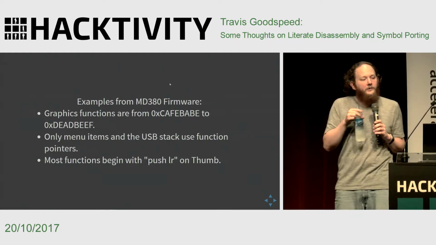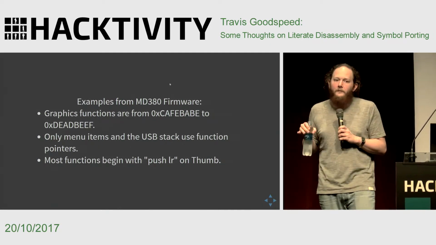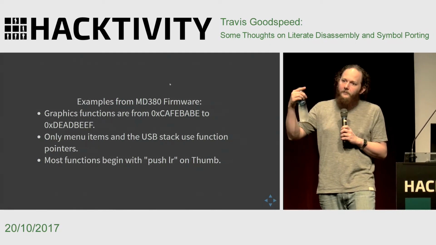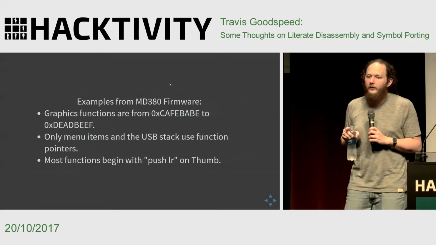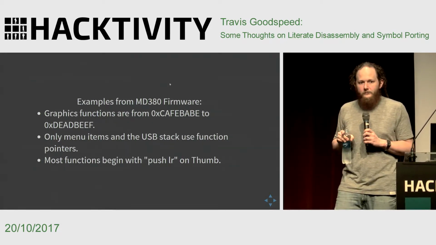So in the case of the MD380 firmware, the entire graphics library is held between a start address and an end address. And every function in that region is a graphics function. Once you begin to separate your guesses from your facts, you can run through and automatically label every function in that range with the prefix GFX. You don't know what it does, but you know that it does something involving graphics.